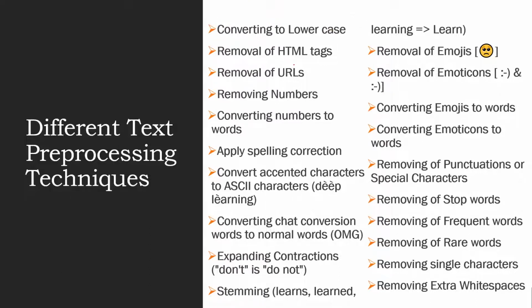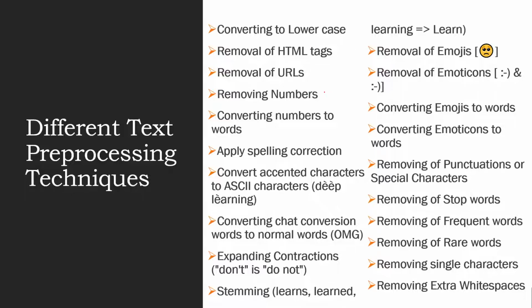Sometimes a document contains some HTML tags. What are the HTML tags? Sometimes a paragraph has HTML tags, like bold. There are a lot of HTML tags, so you need to remove the HTML tags from the document. This is the second one. Sometimes your document contains some URLs, so you need to remove the URLs. This is one way of pre-processing.